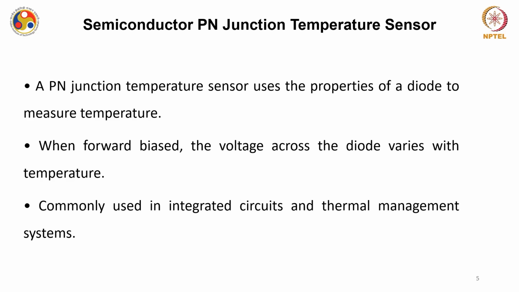We will see the equation, but for the time being you can understand that when the diode is under forward bias condition, the voltage across the diode varies with the temperature. PN junctions are commonly used in ICs and thermal management systems. We will see some more utilization of this PN junction temperature sensor.